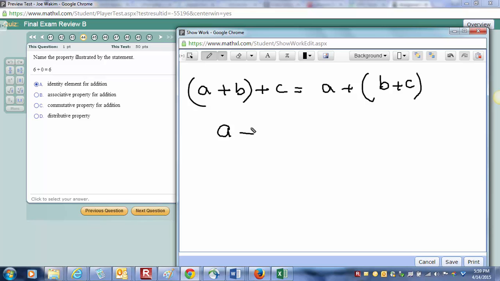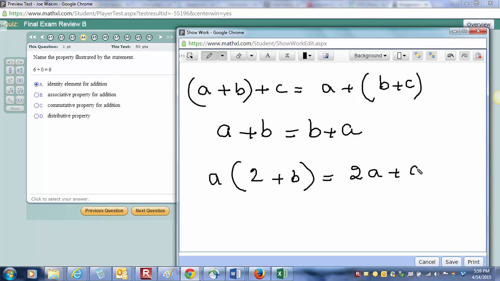Commutative property would be A plus B equals B plus A. Distributive property would be A times the quantity 2 plus B equals 2A plus AB. You just distribute the A. So the only one which is good in this case is 0 is the identity element for addition, because 6 plus 0 is 6. That would be the answer.